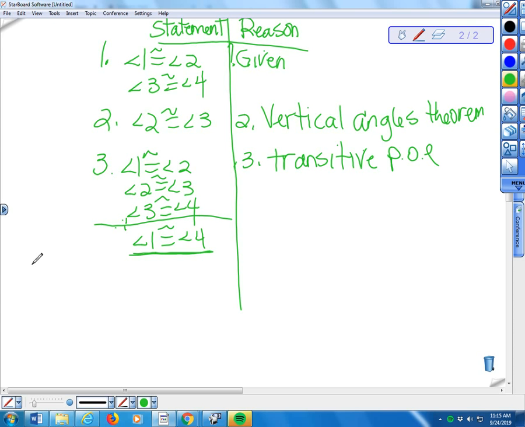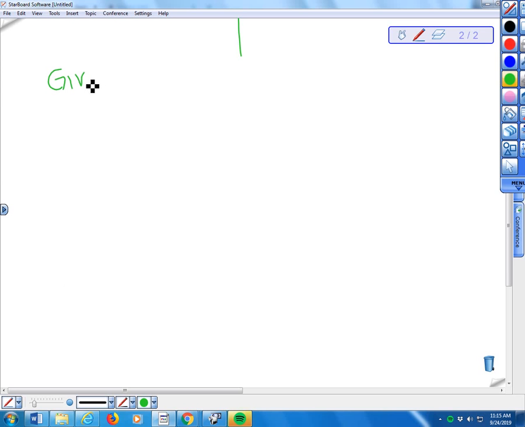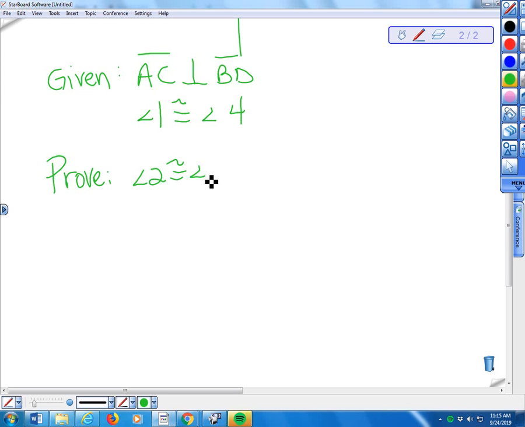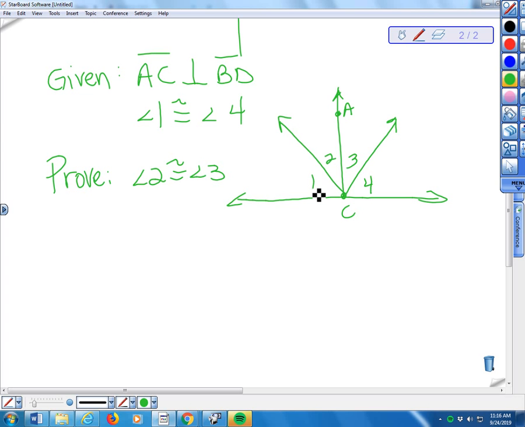Yep. So let's try another one. Okay, everybody's going to try this on your own. 2-column proof.